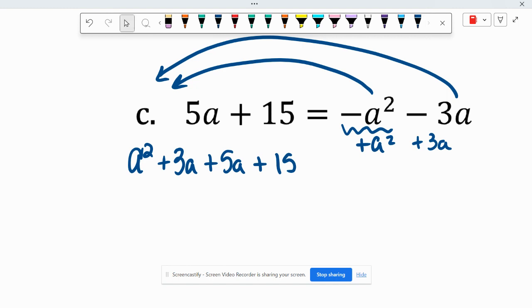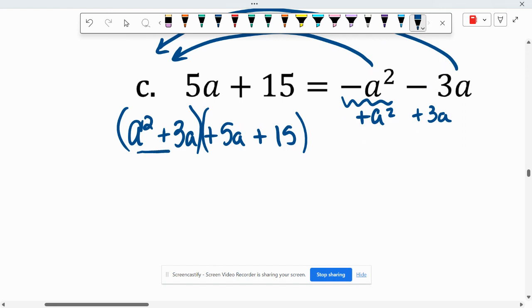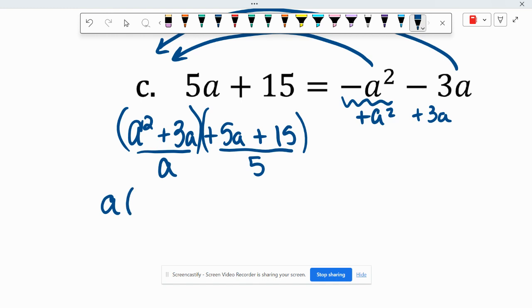Is it set up in a way that I can group them now? It is. Let's just factor them by grouping. Greatest common factor here: a. Greatest common factor in the second term: 5. So when I take an a out of the first term, I'm left with a plus 3.